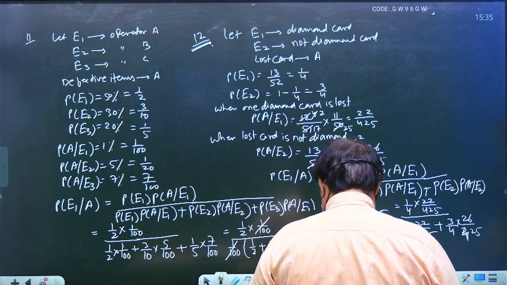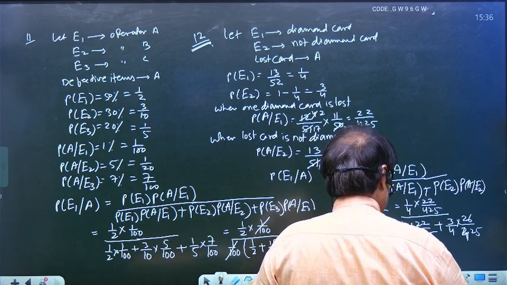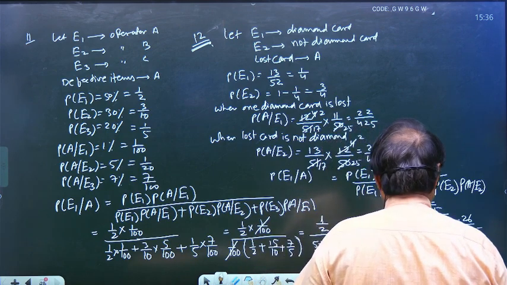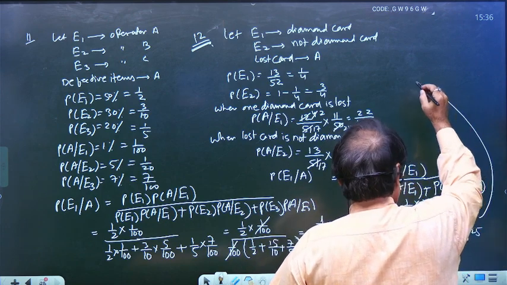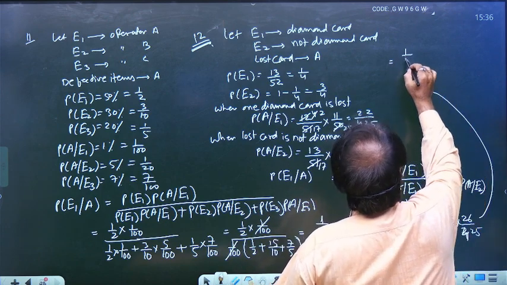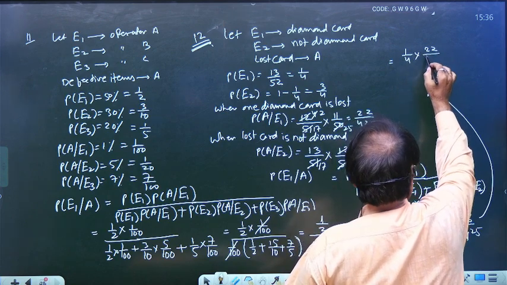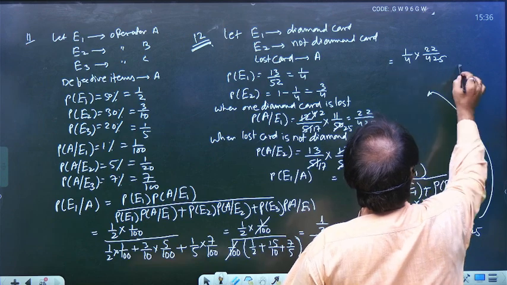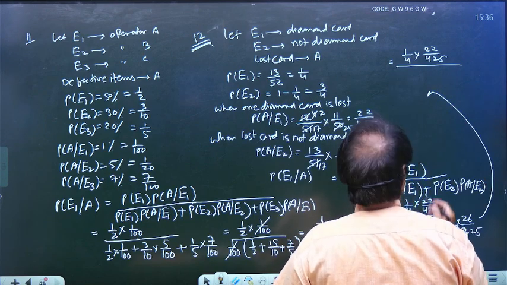So here take 1 upon 425 as common. Okay. So now come to this side. So this is 1 upon 4 into 22 upon 425 and take 1 upon 425 as common.